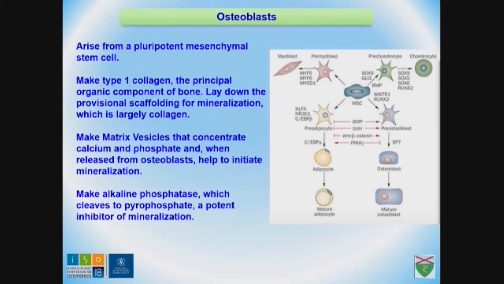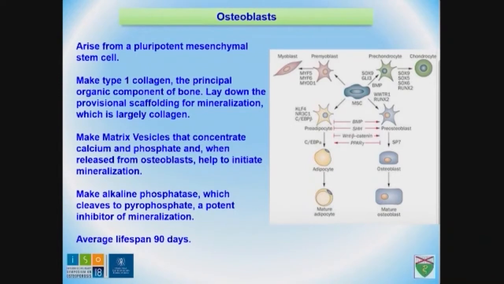So in mineralization, the reason we don't turn into stone everywhere is in part because we have mineralization inhibitors in our vasculature, in our brain, in our kidneys that prevent us from mineralizing that tissue. In bone, we have pyrophosphate, which prevents mineralization. And alkaline phosphatase, good old bone-specific alkaline phosphatase, cleaves pyrophosphate. It breaks that pyrophosphate bond, and it allows mineralization to occur.